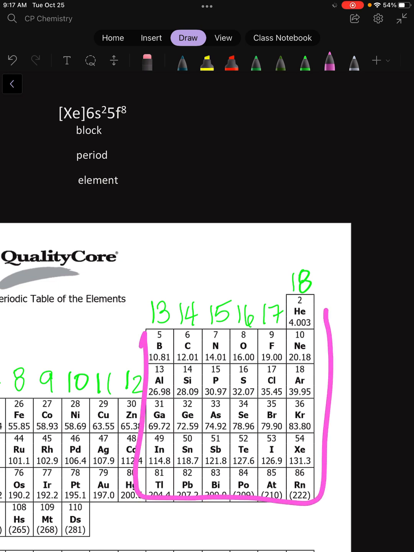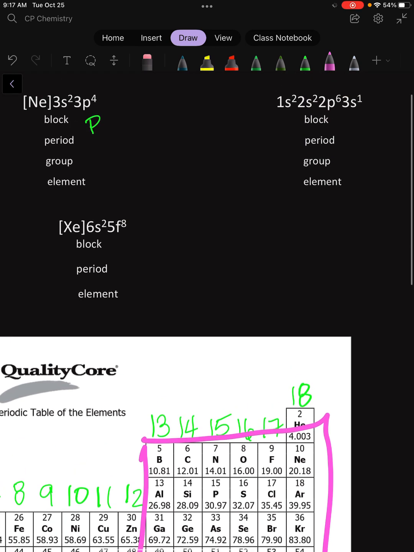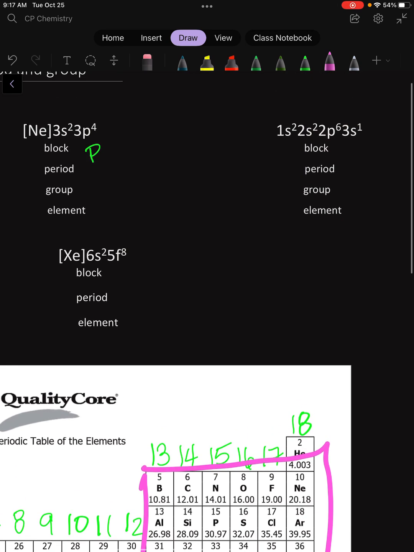This is block P. Okay, so the period we're in, remember S and P, the coefficient is the period. So since 3 is in front of S and P, the period is 3.